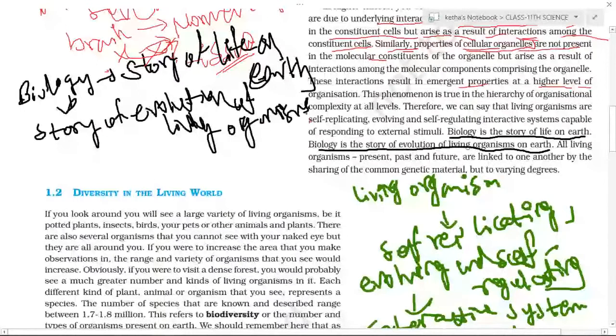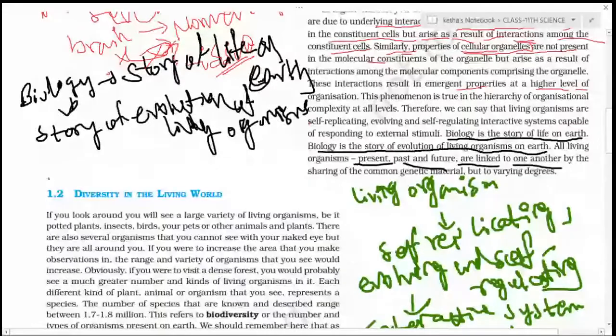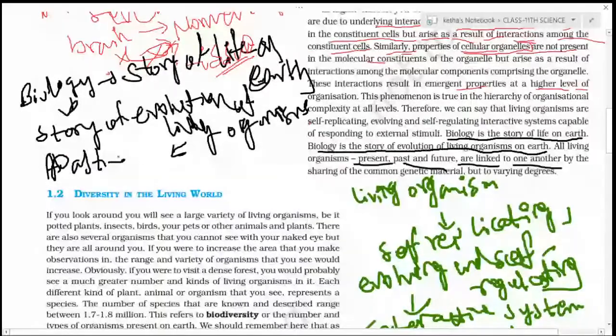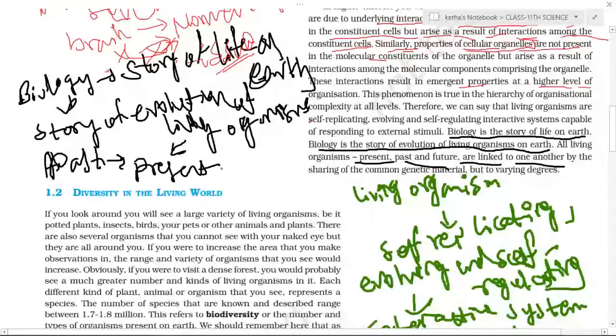All living organisms, present, past, and future, are linked to one another. So all living organisms are connected with the past, present, and future.